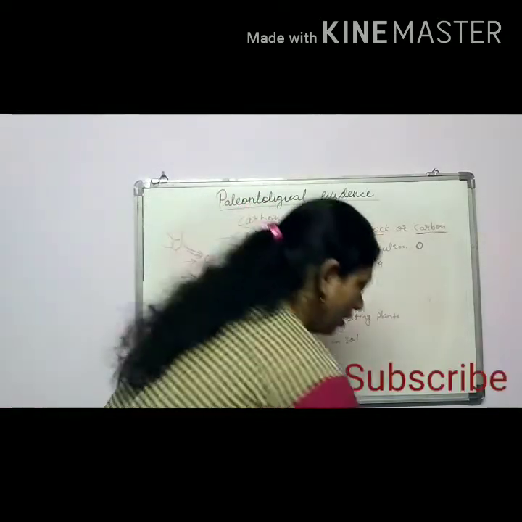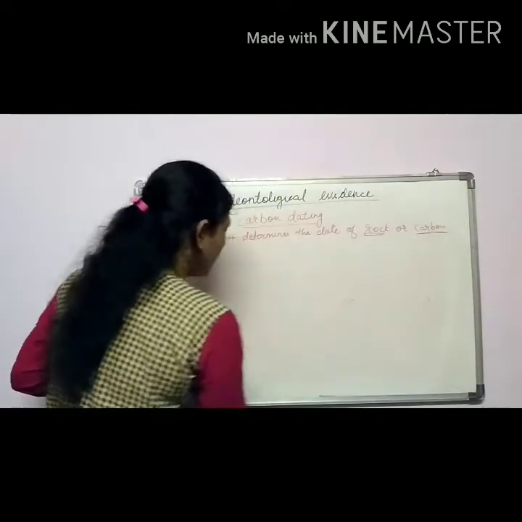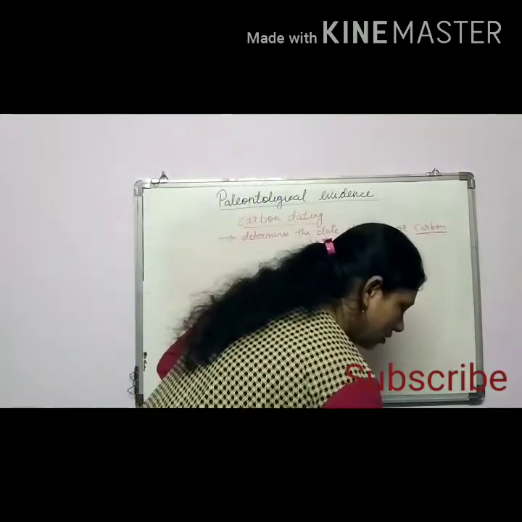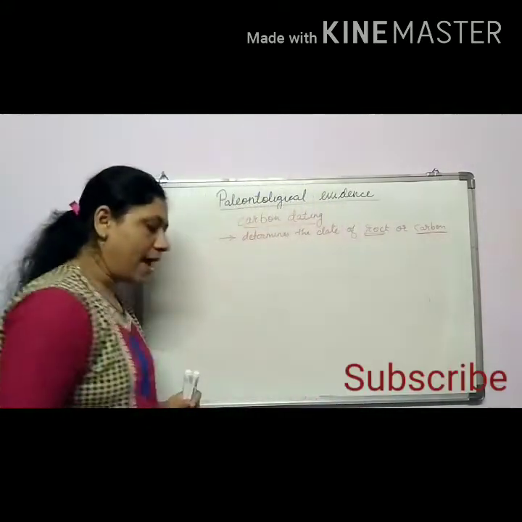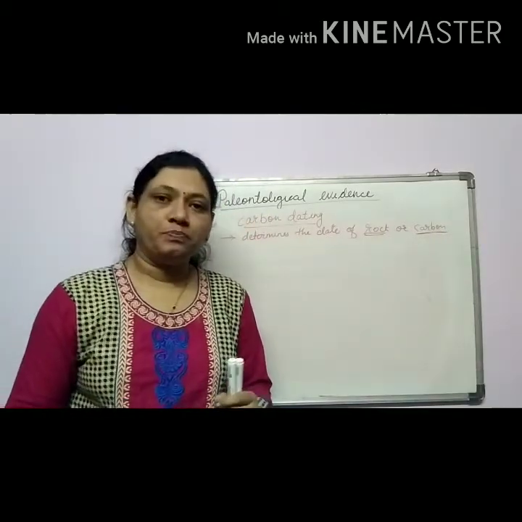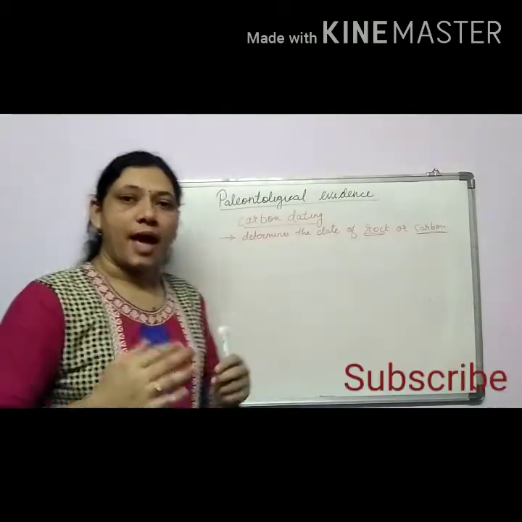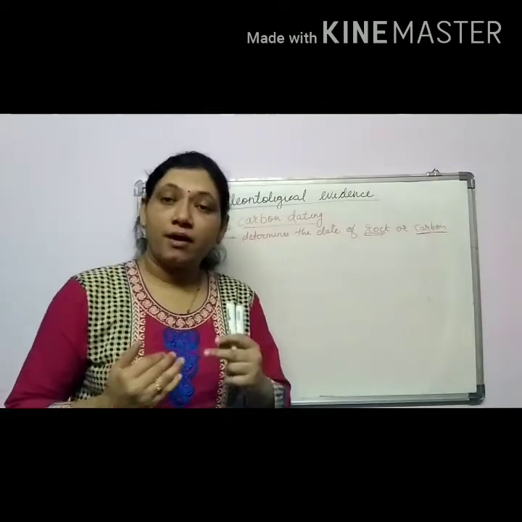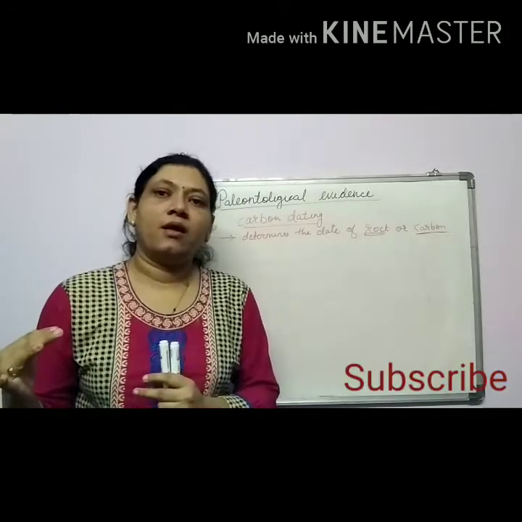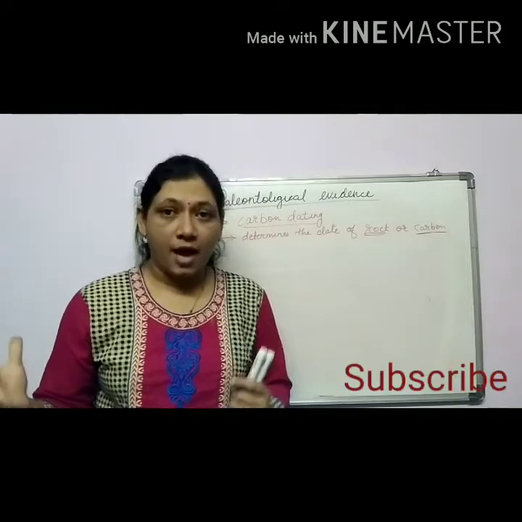Okay, so you understood how the carbon is consumed by the animals. Now we have to see that the older one, meaning the animal which died earlier, has less carbon content, and the younger animal which has died newly has more amount of carbon.